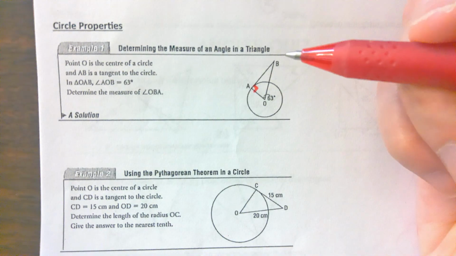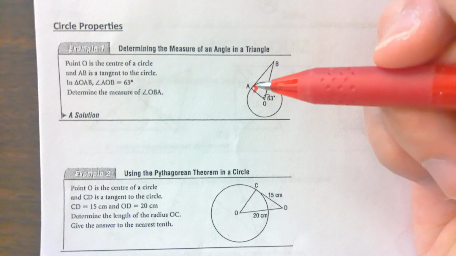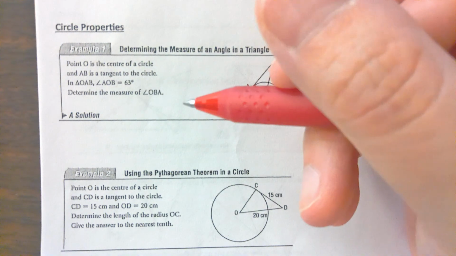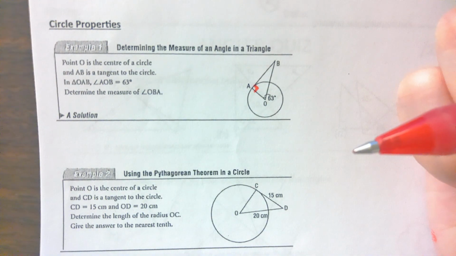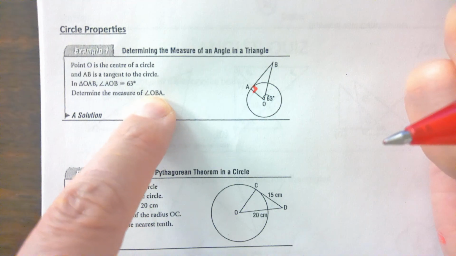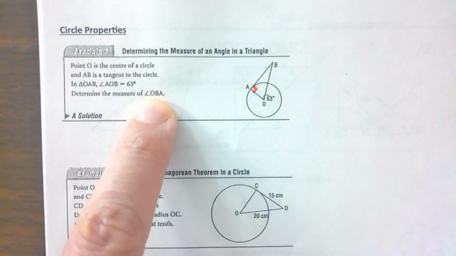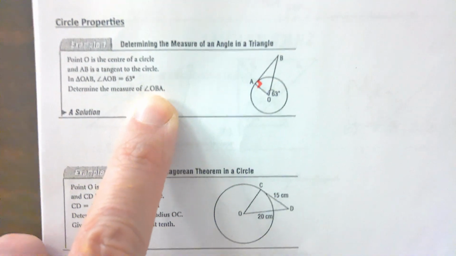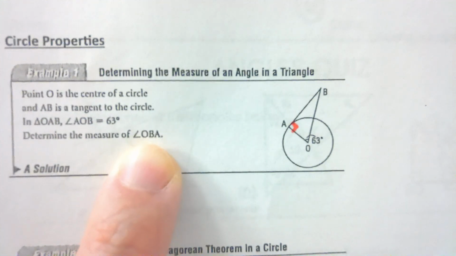So if I know that angle A is 90 degrees, what is the measure of OBA? Why are there 3 letters? What am I actually asking? Which angle am I trying to solve for? B, right.